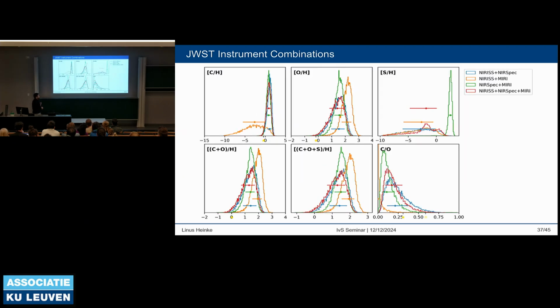And then what we want to derive from these molecular abundances is element ratios, where we look at proxies for metallicity and C/O ratio, because that is interesting for further deductions that we can make. We don't get good constraints on the sulfur abundance because we don't have strong detections for sulfur molecules.